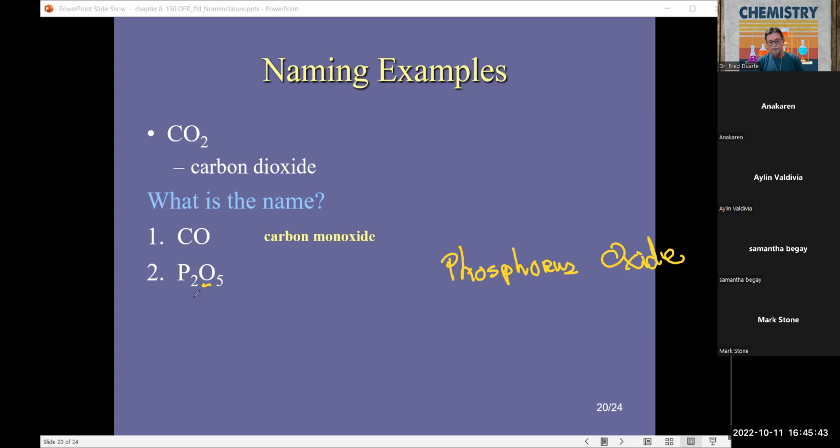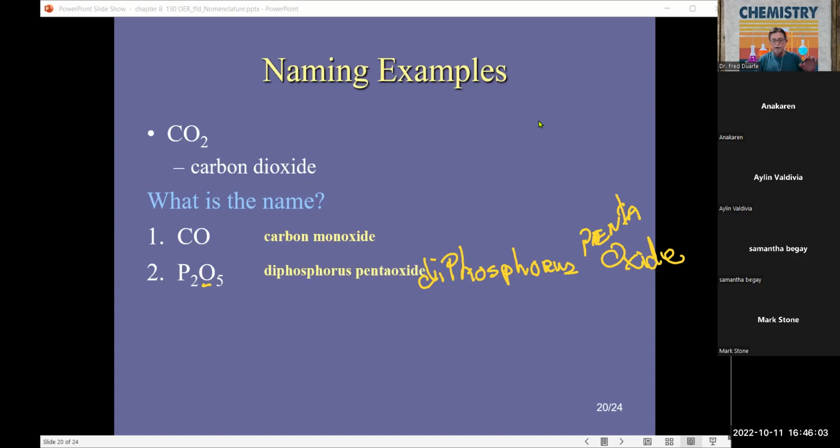Then we go look at the prefixes. There's 2 phosphorus, so we add di for the 2 phosphorus, and then there's pentoxide, P-E-N-T-A. So we have diphosphorus pentoxide.